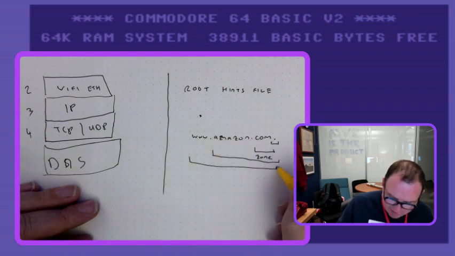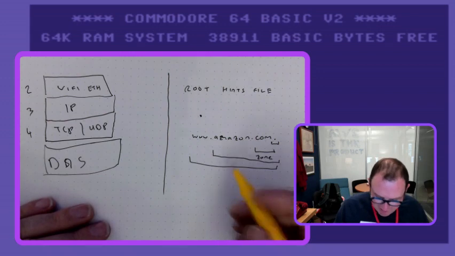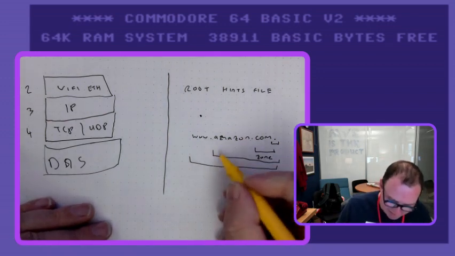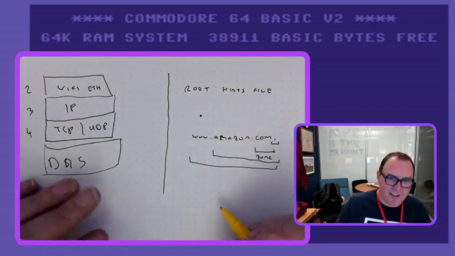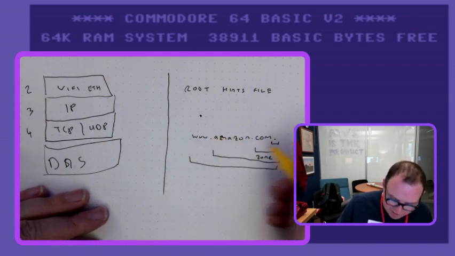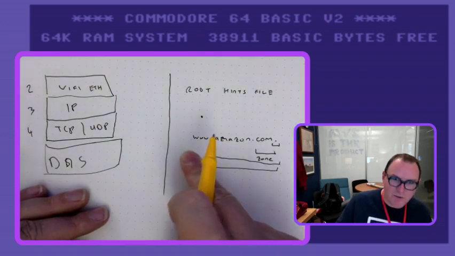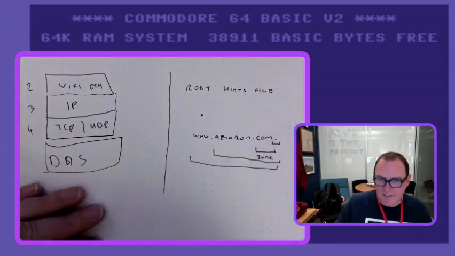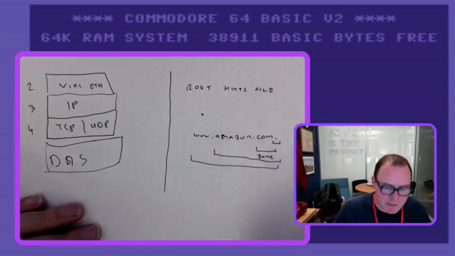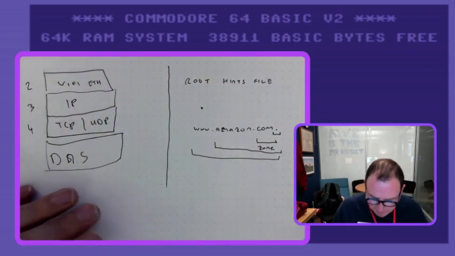Where I'm drawing these lines, these things are called zone cuts. It's the little niggly details that don't matter too much, but technically a zone cut can be pretty much anywhere a dot is. And you could have a zone that's got www.amazon in it, or you could have a zone for Amazon.com that delegates to a zone that just has www in it. That'll become much more clear, I think, when we do a walkthrough, but it's not too important if you can't follow that detail.